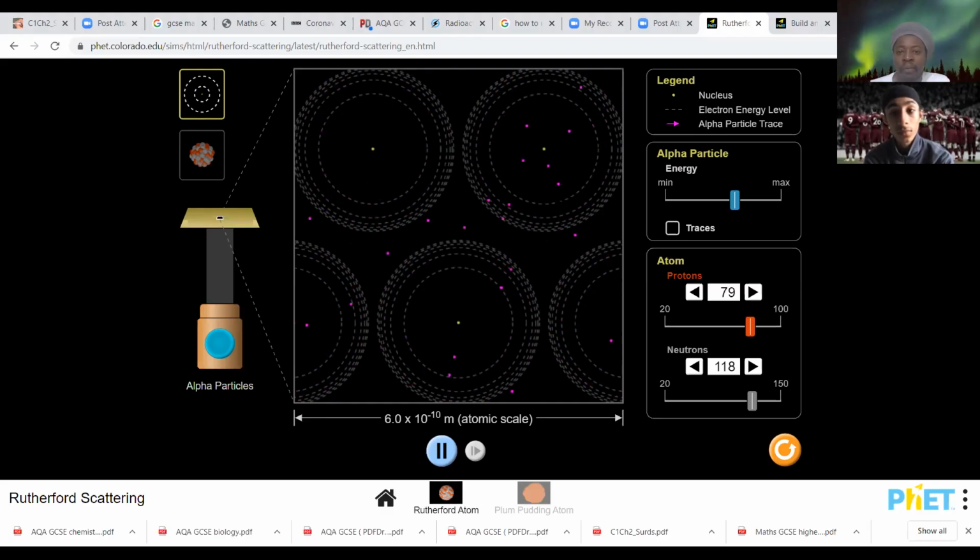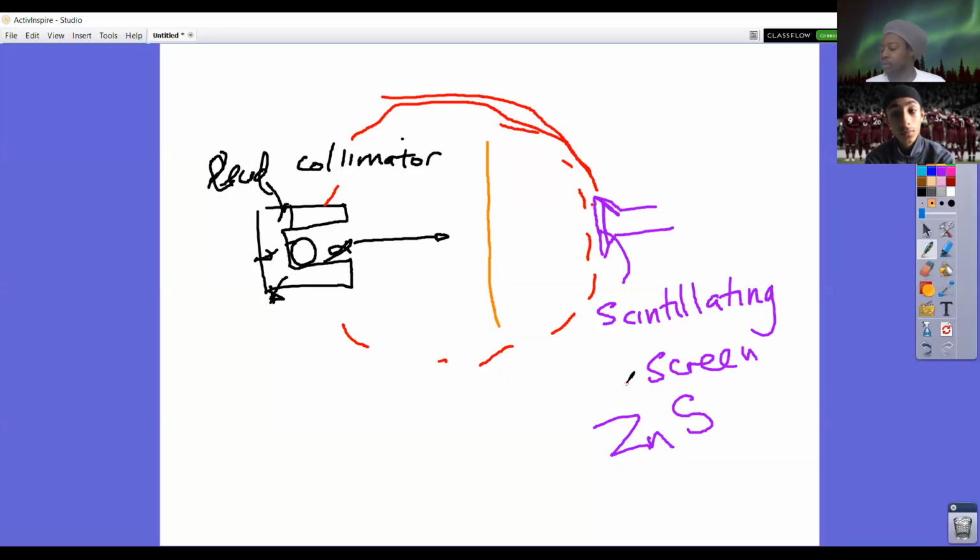Now, what I mean by huge deflection angles, I will try and illustrate this on the annotation. So if we go back to this, what do I mean by deflection angle? Because you may well be asked something like that in an exam. So this alpha particle, when it hits the gold foil, some of them will go that way, and you had loads that just went right straight through.